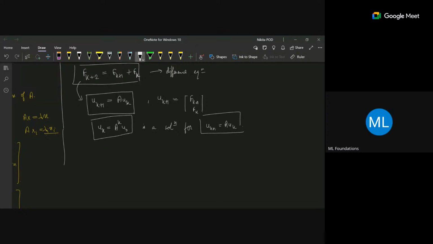So you can also see that I have written u_{k+1} = A u_k. So what will be u_{k+1}? Sorry, this was just k. My u_k is (f_{k+1}, f_k). So what will u_{k+1} be? What should u_{k+1} be?